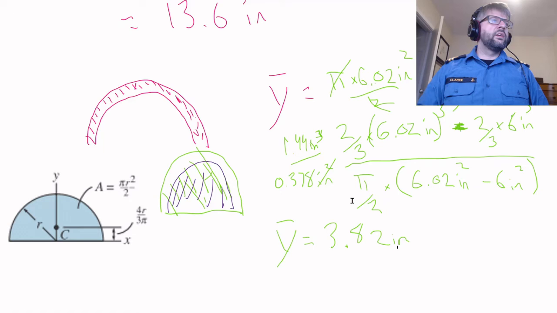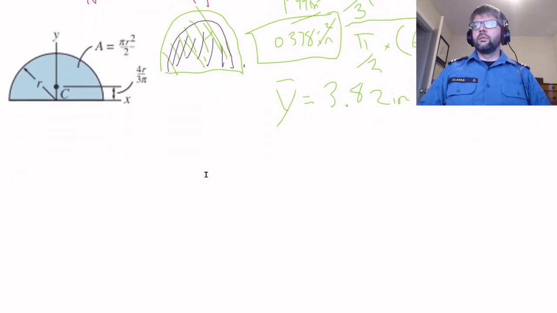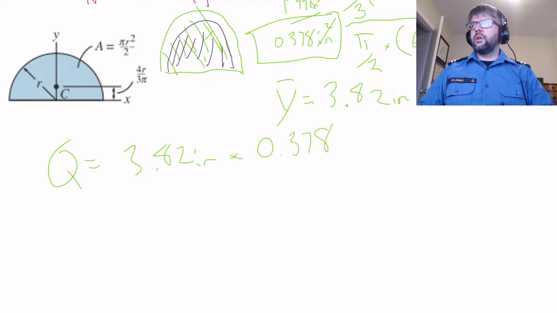Okay, so that is our y bar, and this value here that we calculated right there, that's our A. So our Q is 3.82 inches times 0.378 inches squared.